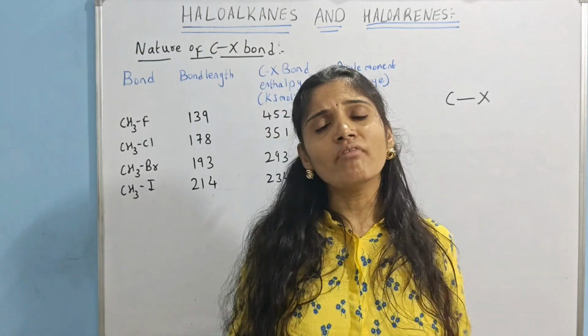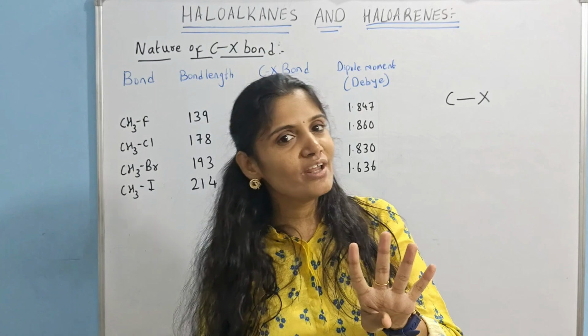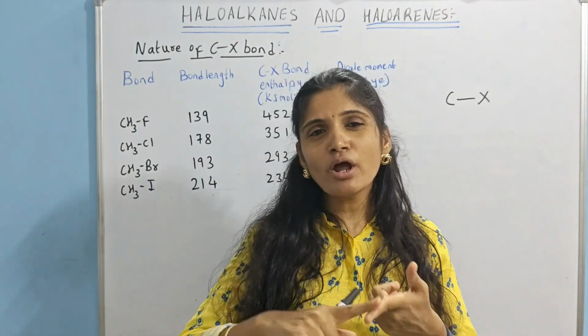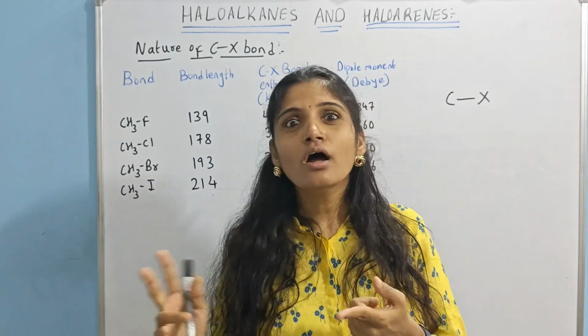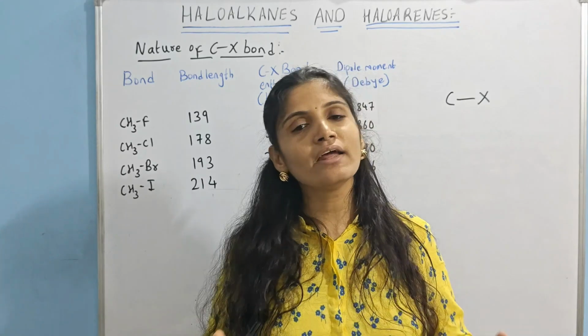Why does carbon form only covalent bonds? Carbon has 4 electrons in its valence shell. So carbon is always in a confusion whether it should lose these 4 electrons to get stability, or gain 4 electrons to get stability.